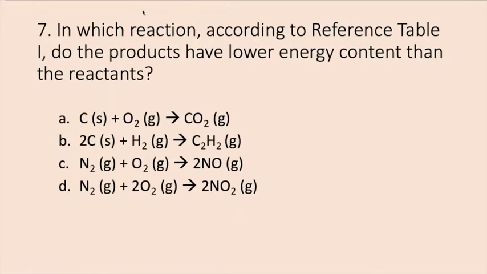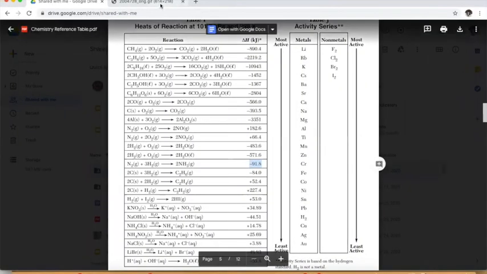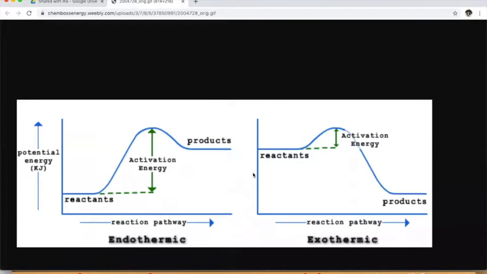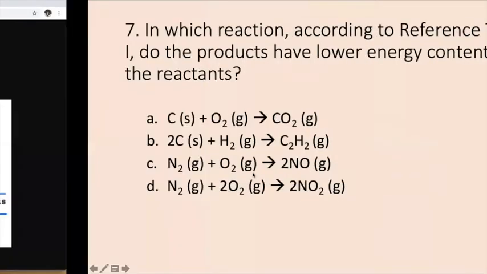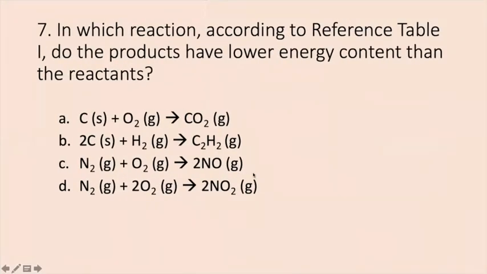Based on the fact that we're looking for the products to have a lower energy than the reactants. So take a look at this little graph right here again. Which one has the products with less energy than the reactants? And using Table I, are we looking for a negative delta or a positive delta?